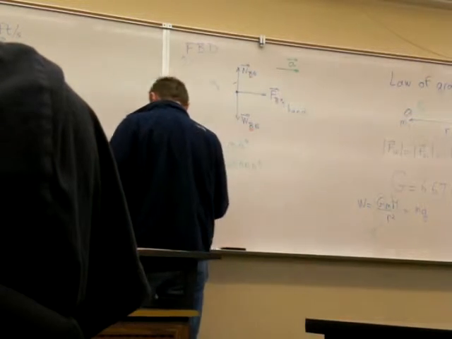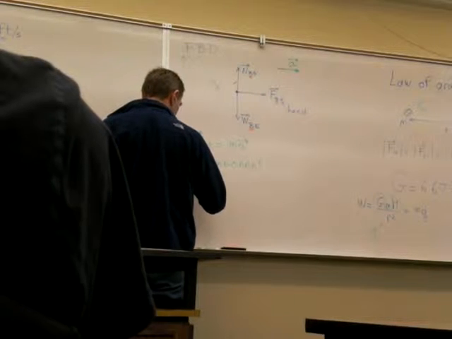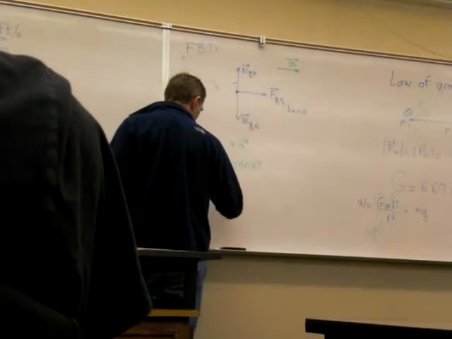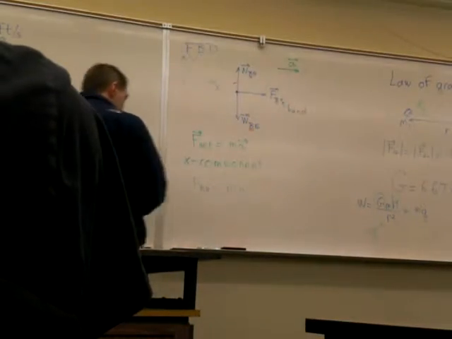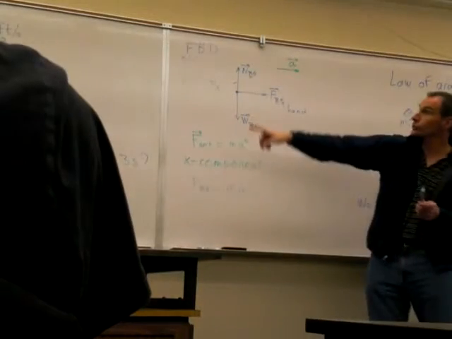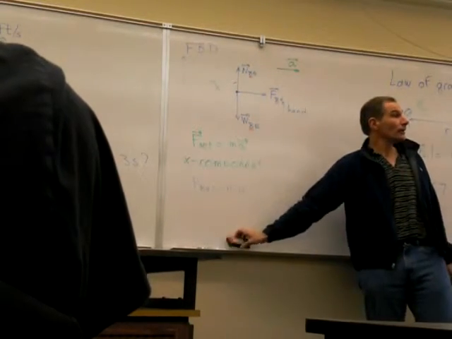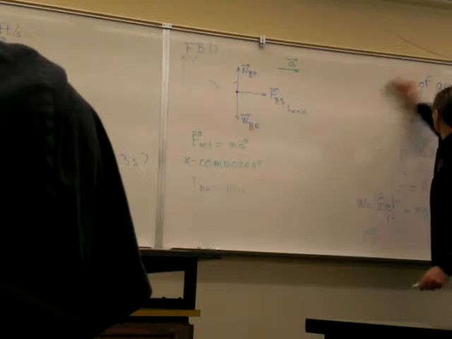The force by the hand is equal to the mass times the acceleration. Since we know the force is 2.5t, we can get the acceleration.